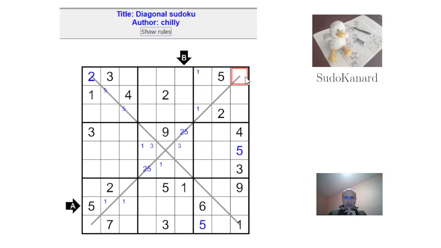And what about this diagonal? We know that 1 is not here because of this, so the only options are here and there, and that's not saying much. There's a 1 somewhere here.